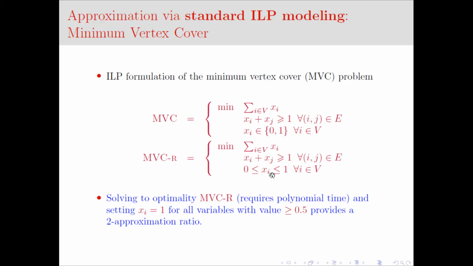So we have this problem in which we just say that the xi are between 0 and 1. And by solving this problem to optimality, and then doing something further, which is some rounding, in this case the rounding is to set all variables which are greater or equal than 0.5 to 1, and all the other variables equal to 0, then we have a feasible solution.